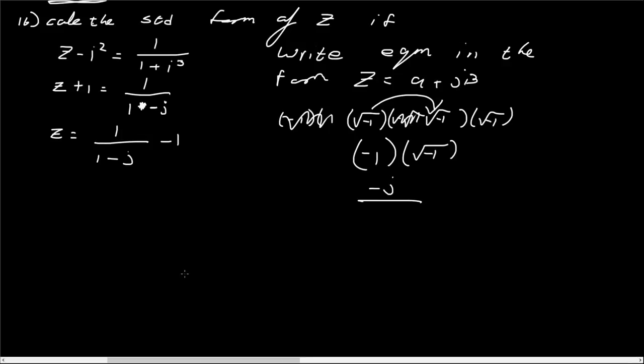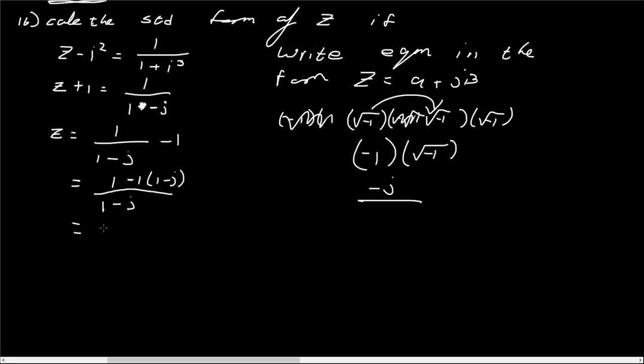Now the next thing we have to do is get this all onto a common denominator. So we have 1 over 1 minus j, and to get the minus 1 onto the same fraction, we multiply it by 1 minus j over 1 minus j. So that's minus 1 times 1 minus j.